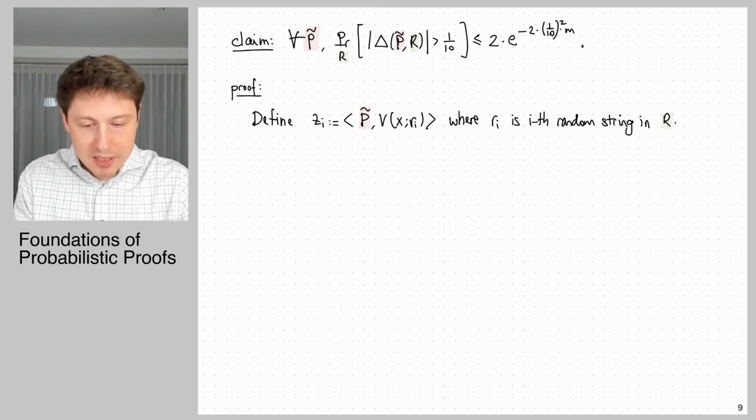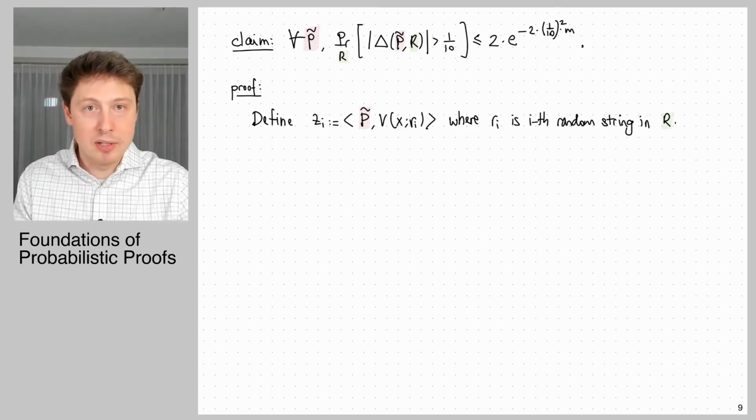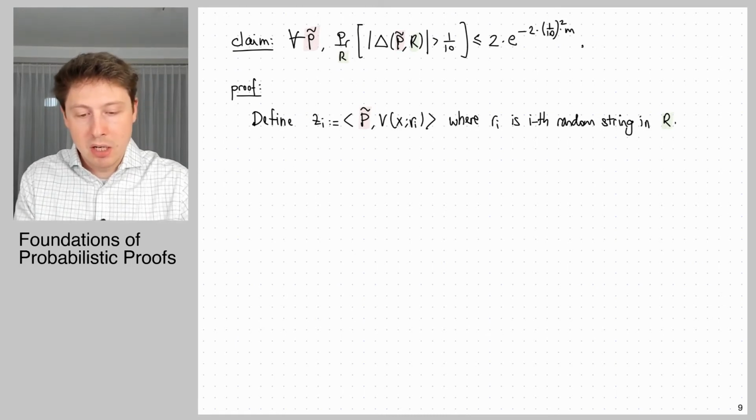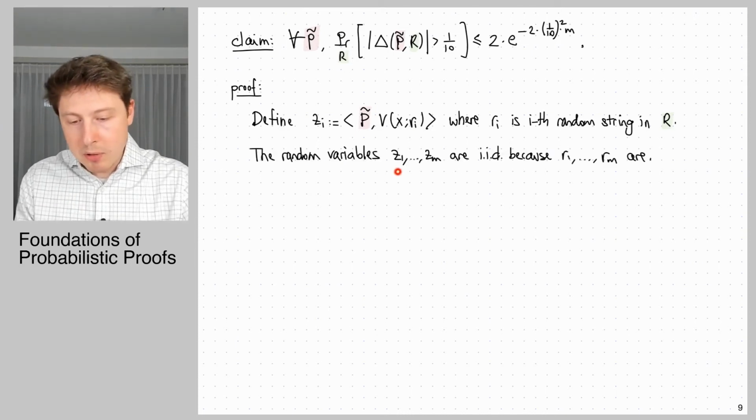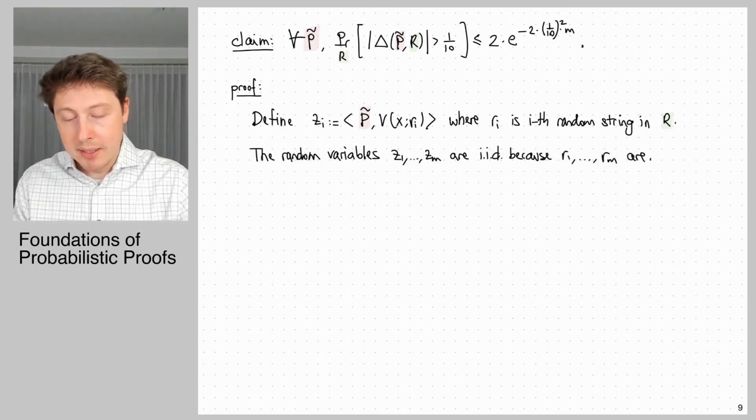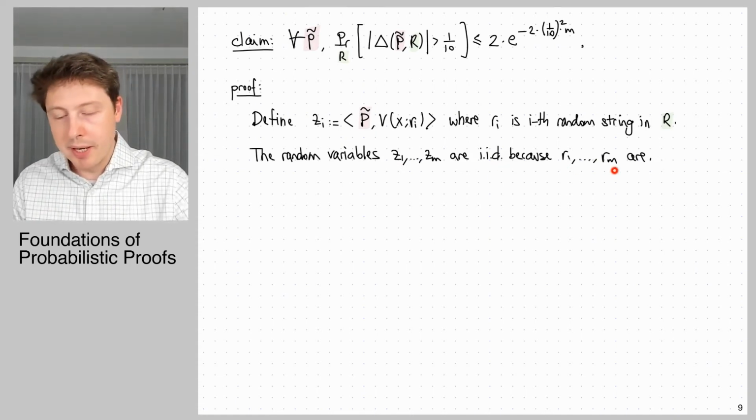I am specifically saying that take the ith one in our sampling procedure and call Zi whatever the verifier says on that one. Okay? Now the random variables Z1 through Zm are independent and identically distributed because R1 through Rm.